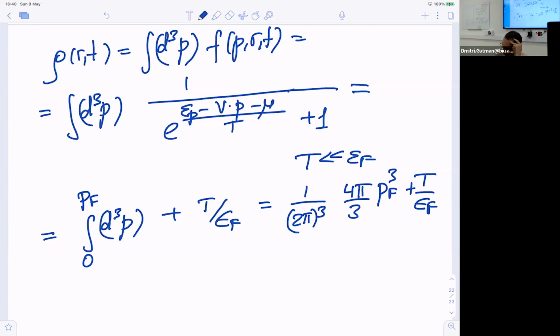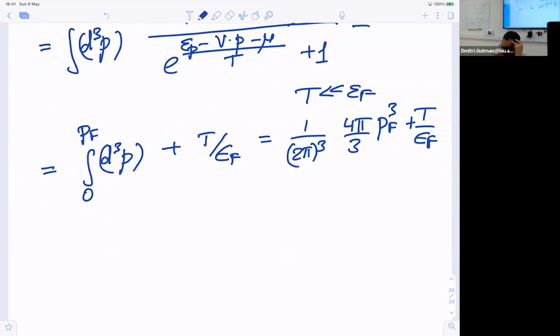So we now have a relation between density and the chemical potential, and mind you, I also know that p Fermi squared over 2m is the chemical potential.